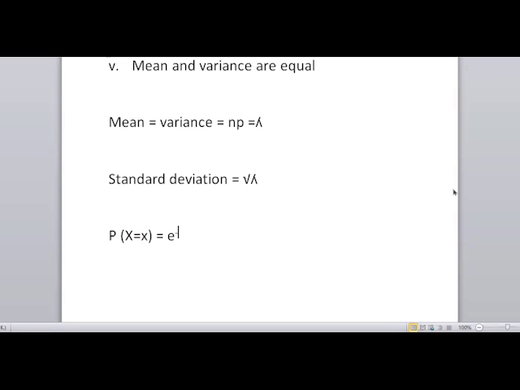Okay. Then multiplied by, so here I can leave a space and say multiplied by.